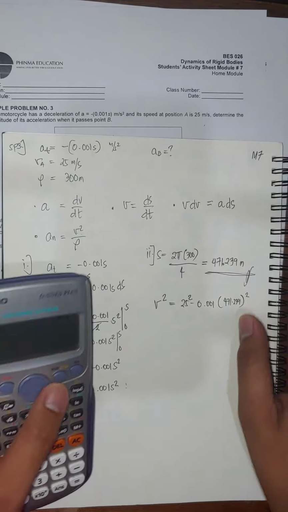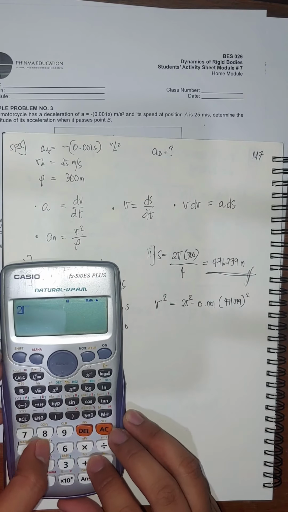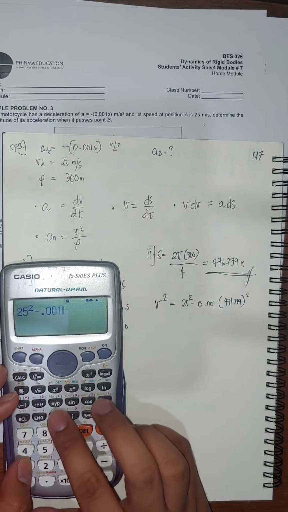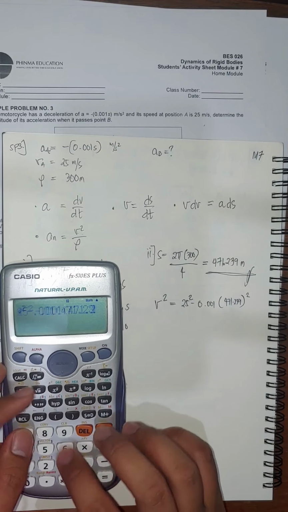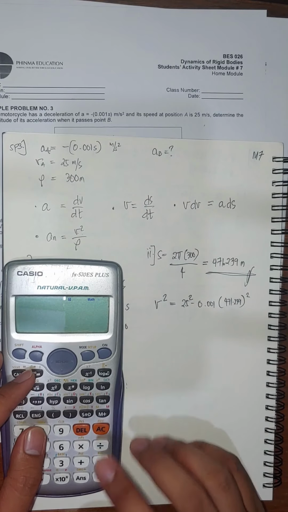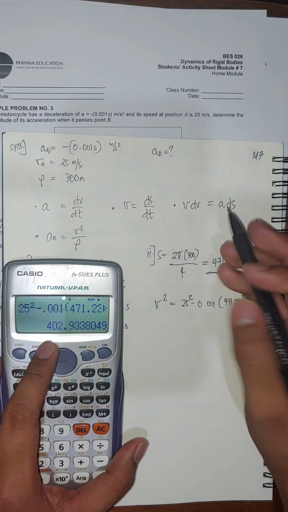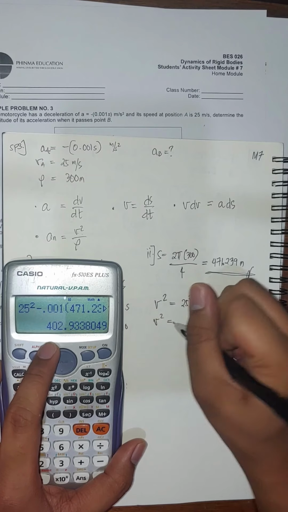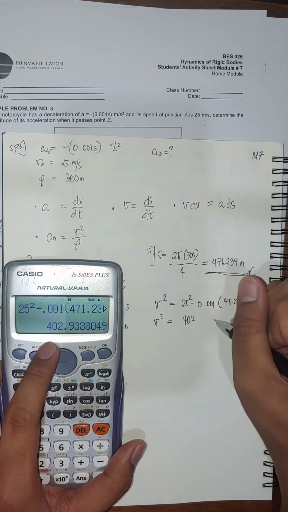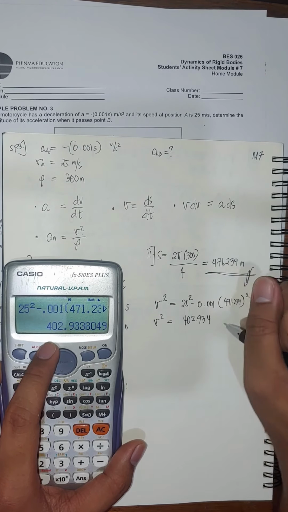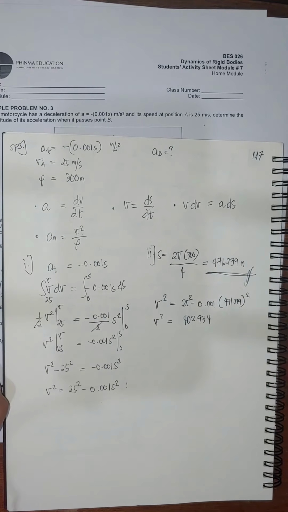Solving this, v squared is equal to 402.934 meters squared per second squared.